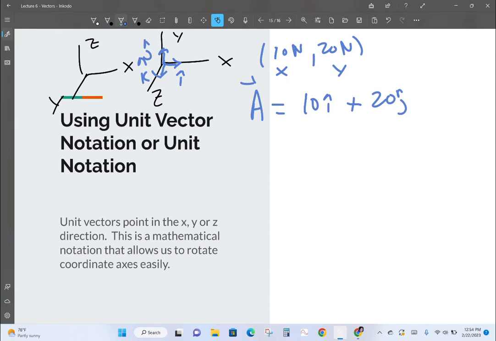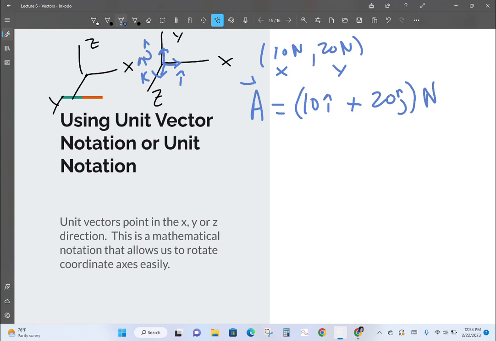And I just put parentheses around it and put a newton there so I don't have to write newtons all the time. All this is analogous to writing it as an xy coordinate, but you're putting your x coordinate plus the i and your y coordinate plus the j.